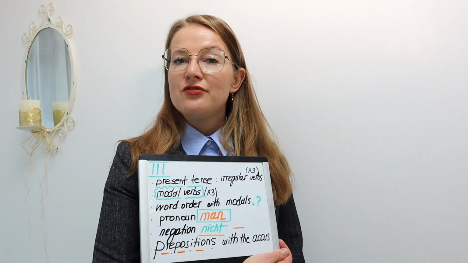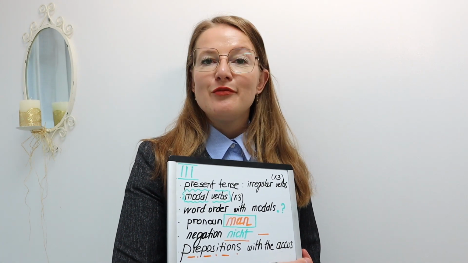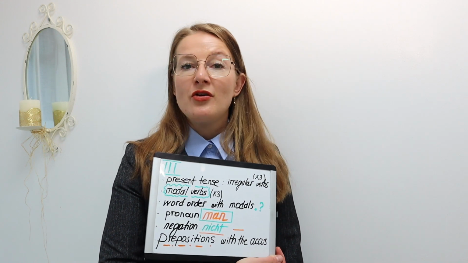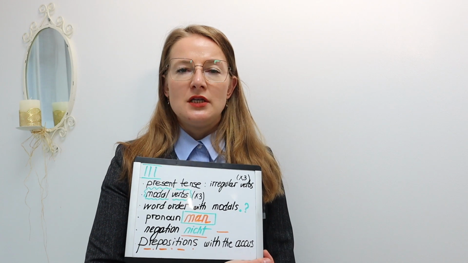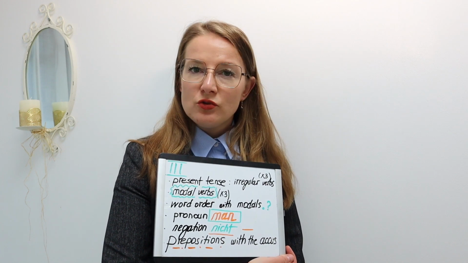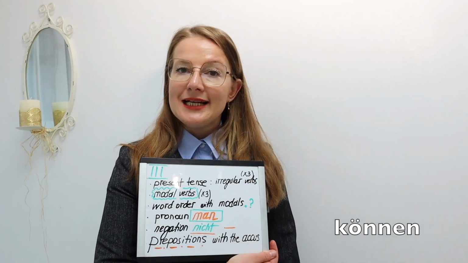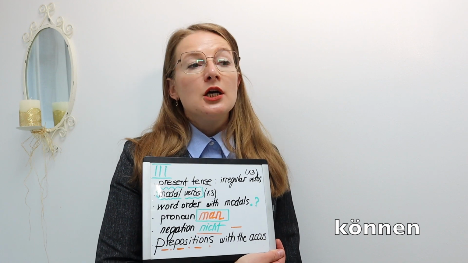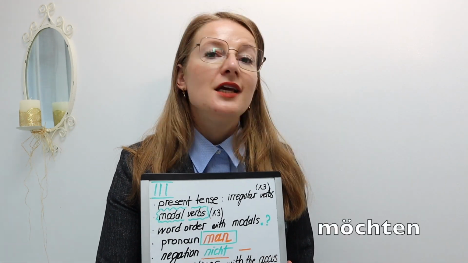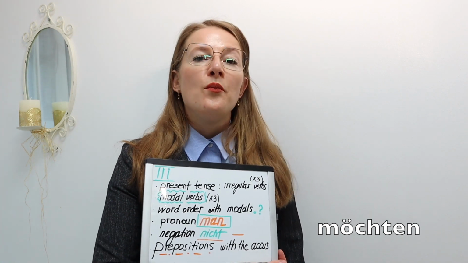Next up are 3 modal verbs. We are extending your list of modal verbs because if you know modal verbs, nothing can happen to you. You can express almost anything, right? We've had already können, which expresses ability. Ich kann Deutsch, right? I can speak German. We've had möchten, ich möchte einen Kaffee, which is the subjunctive case of mögen.